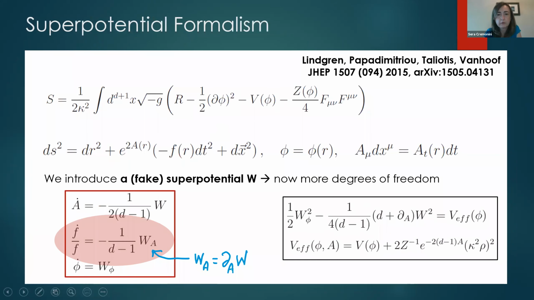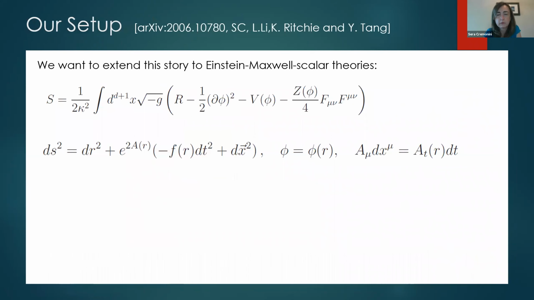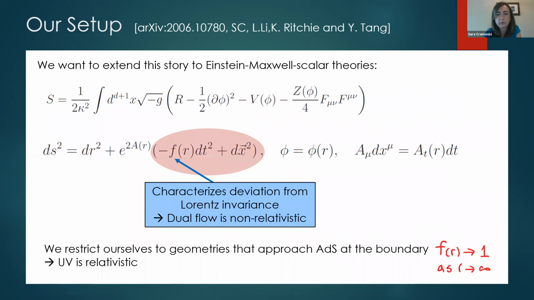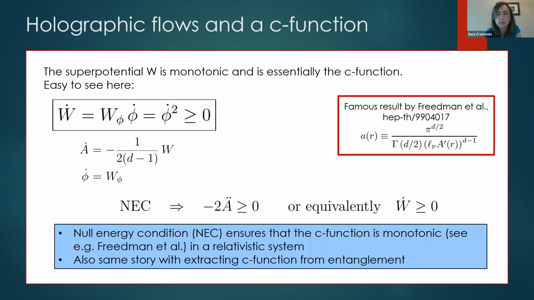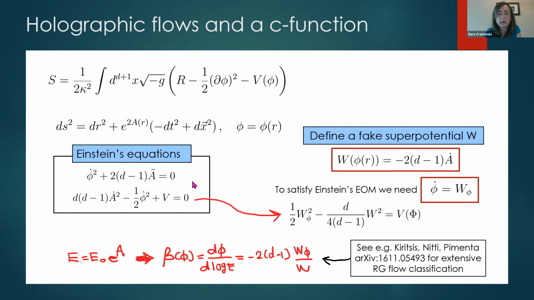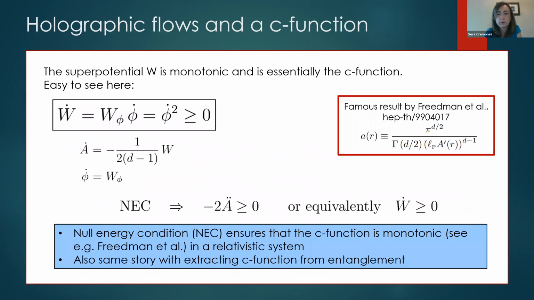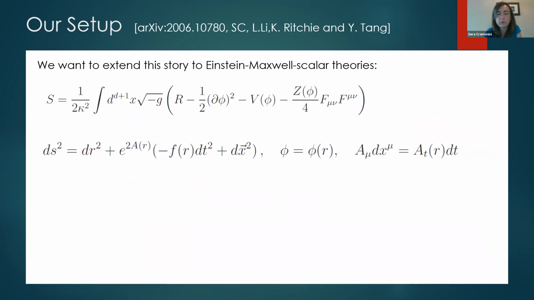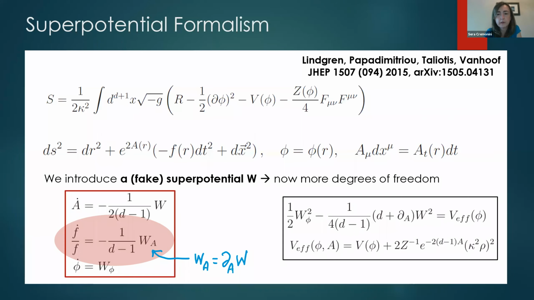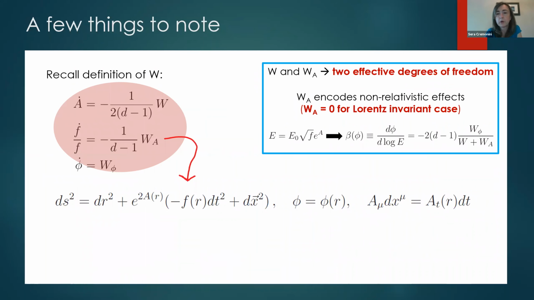Another thing I think I forgot to mention: I did mention that the beta function in this case was proportional to this W phi over W. So if you look at the beta function in our setup, you can now see that it's modified.